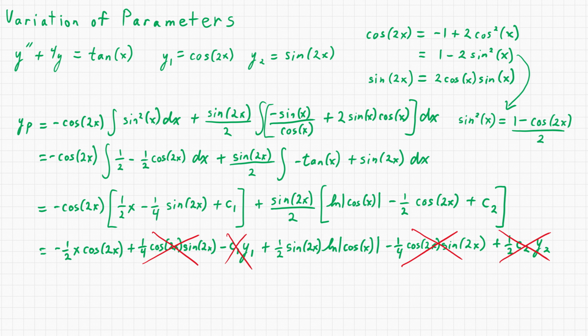And then from there, the only thing that's left is the more unique stuff here. We ended up with a negative 1/2 x cosine 2x and a plus 1/2 sine 2x natural log absolute value cosine of x, and that's y particular.